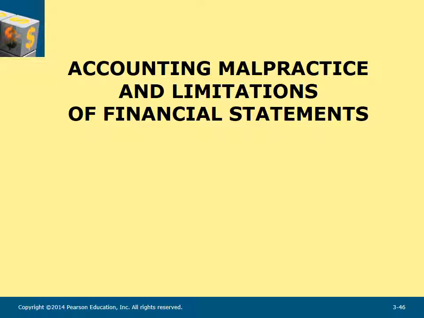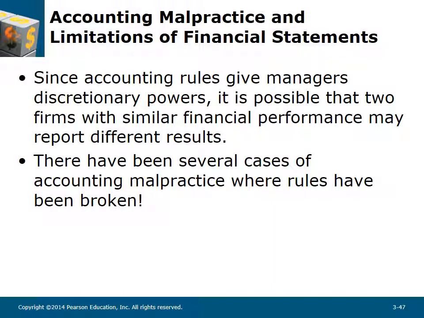Accounting malpractice and limitations of our financial statements. Accounting rules give managers discretionary powers. It's possible that two firms with similar financial performances may report different results. And there have been many cases of accounting malpractice where rules have been broken.